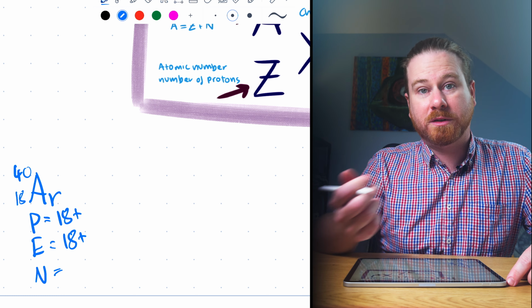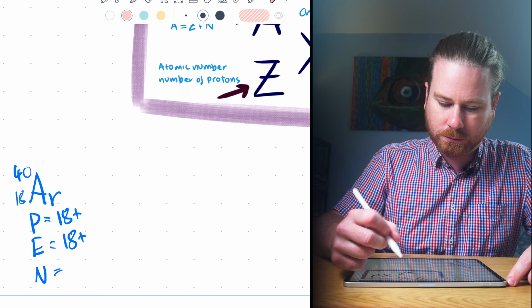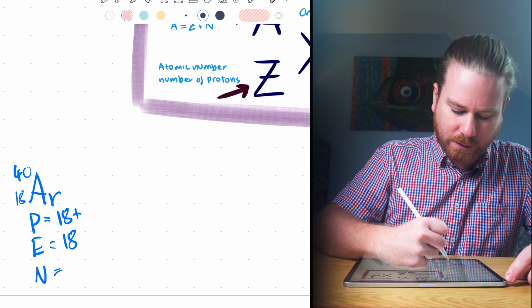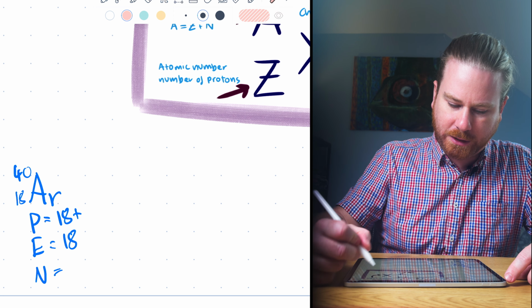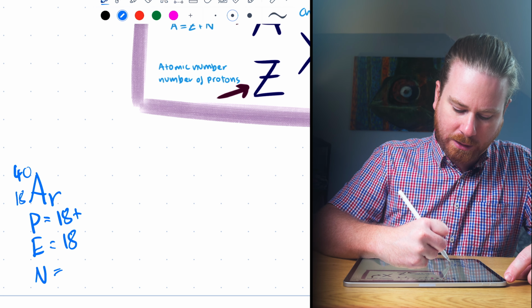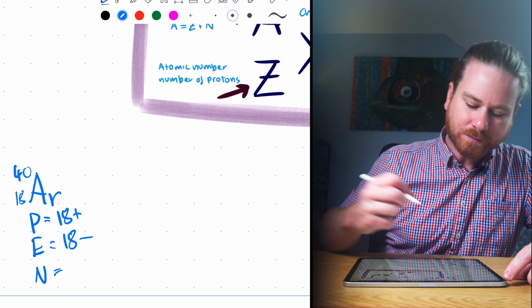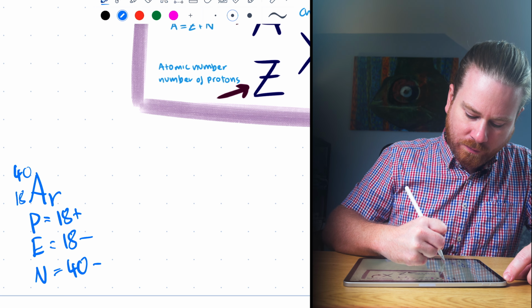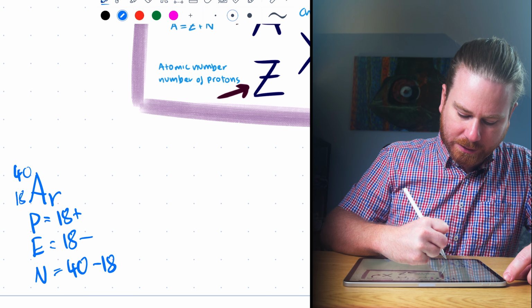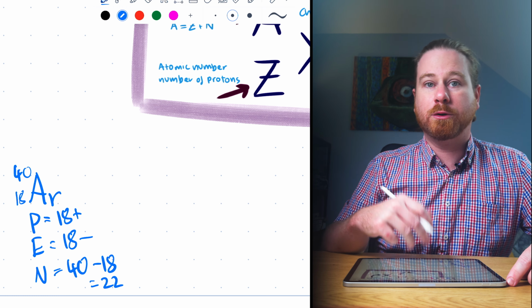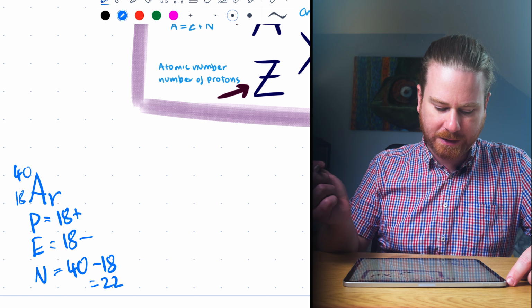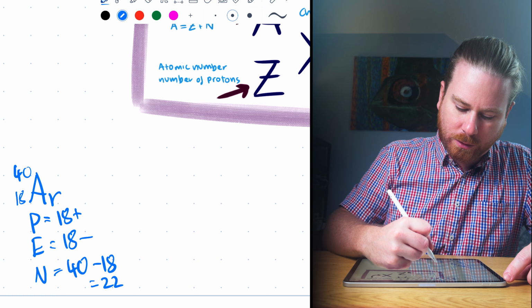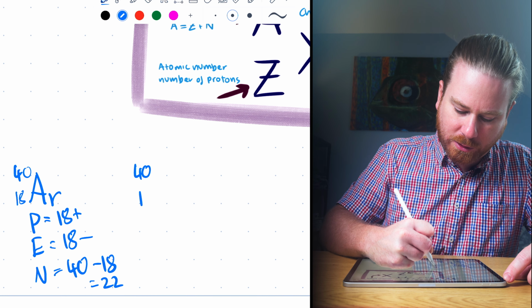It's a neutral atom, so it has 18 negative electrons. And then 40 minus 18 is going to give us 22 neutrons. Nice and easy.